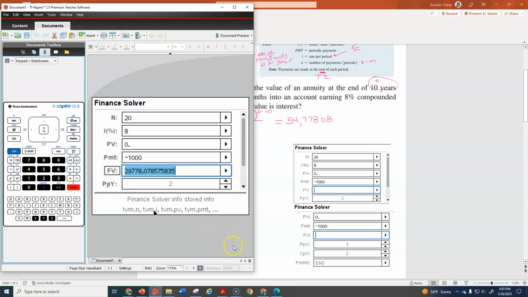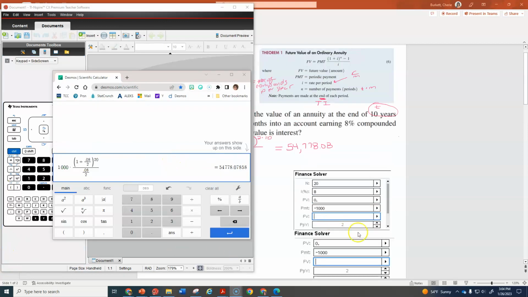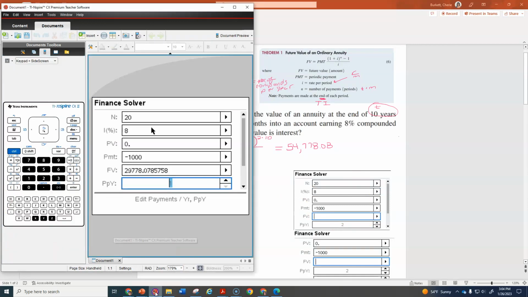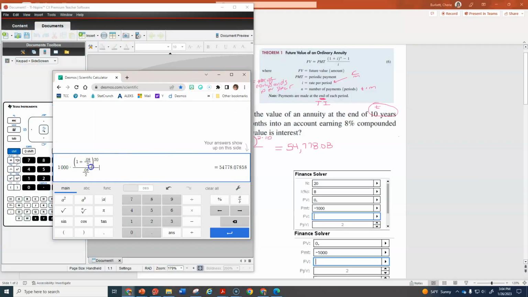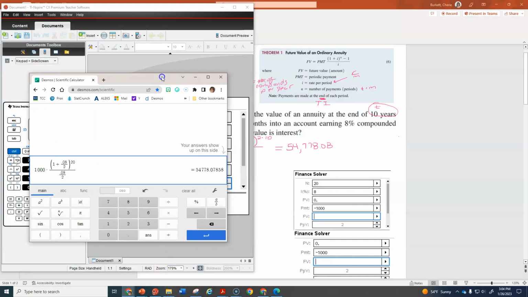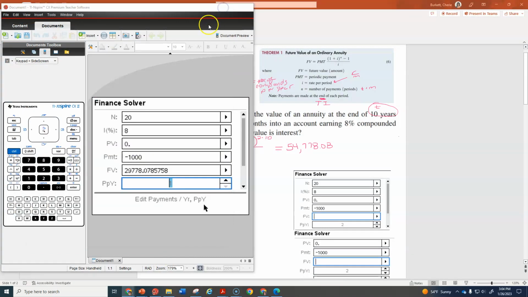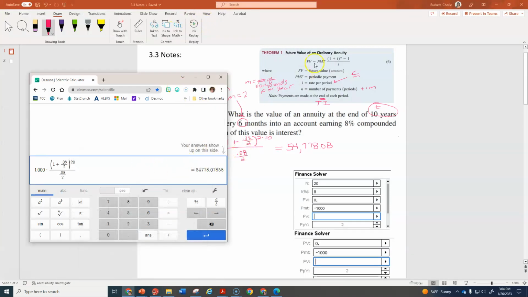And it did not give me the same thing. What the heck? Okay, so my TI Inspire didn't do anything wrong. My TI Inspire gave me $29,778.08. That is the correct answer. I did something wrong a while ago when I typed this problem in on the calculator. I forgot the -1 in my formula right here.